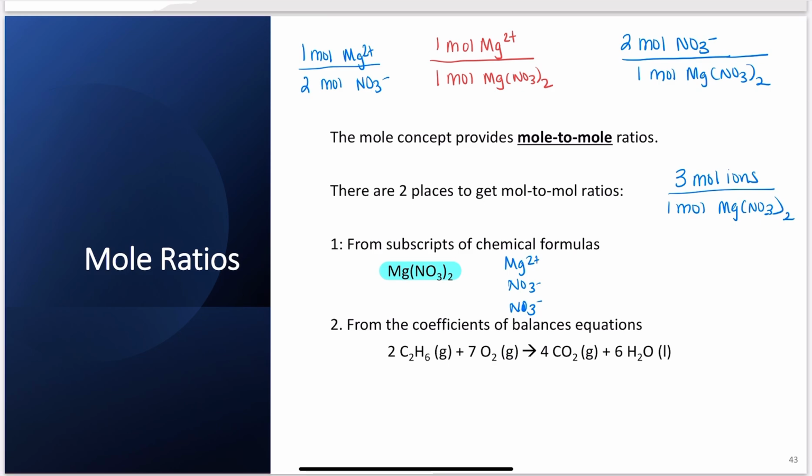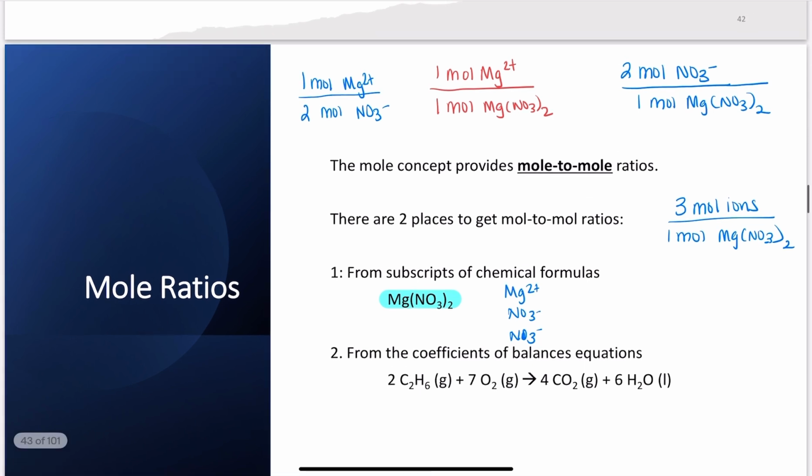But I can also get these from the balanced chemical formula or balanced equation, whichever way you want to call it. So here I can say 2 moles C2H6 react with 7 moles of O2. I can say 7 moles of O2 for every 4 moles of CO2.